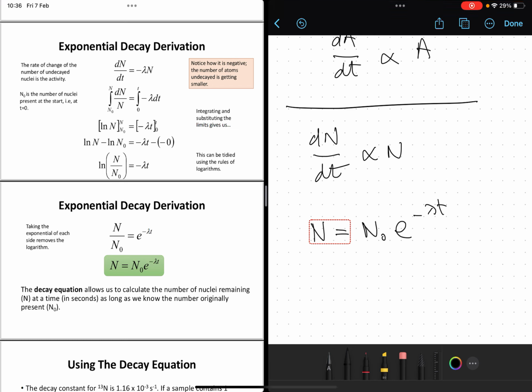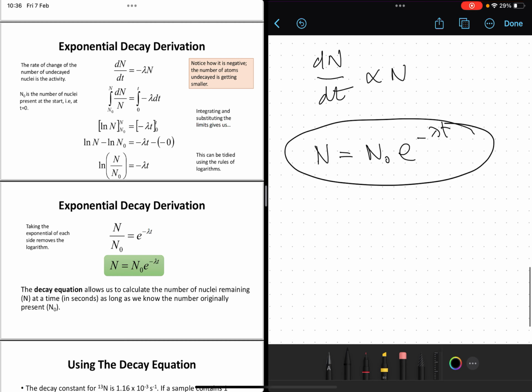And this is a really useful formula for when you need to know the number of undecayed nuclei at some point later in time. Now, because A is minus lambda N, in other words, A is directly proportional to N, we can have this alternative form of the equation.